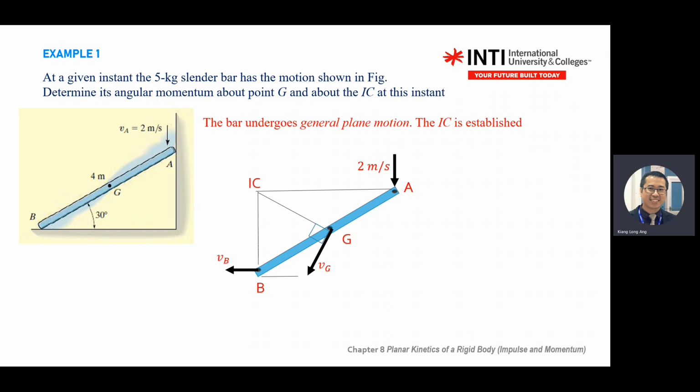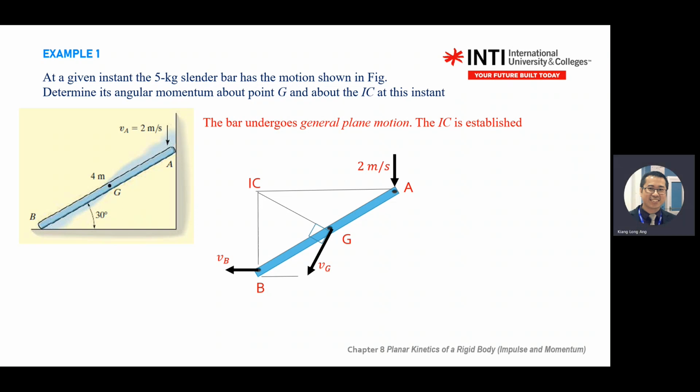This gravitational point will rotate in circular motion. So it will always be perpendicular to this line. It will always be perpendicular from IC. You draw from the IC point to the center of gravity. Use your ruler again. Follow your ruler and you just draw VG.